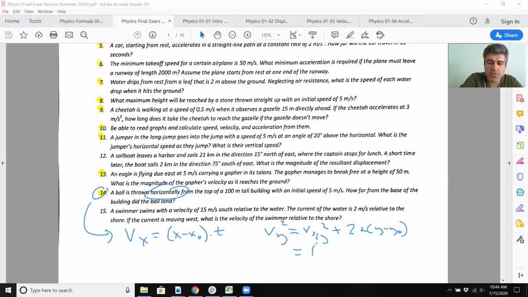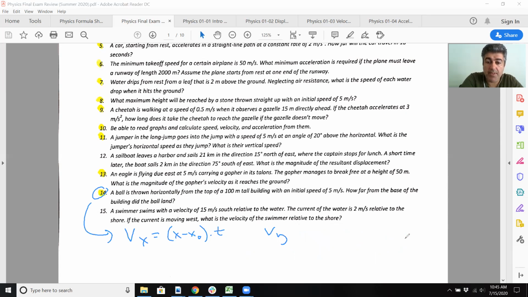And that's just going to be 0 squared plus 2 times negative 9.8 times 100. Give me one sec here. Actually, I'm not sure if I want to use that formula. Actually, I don't want to use that formula because getting Vy is actually useless.